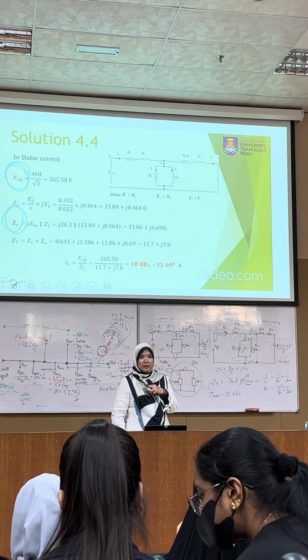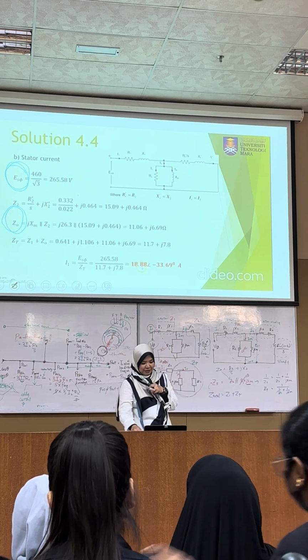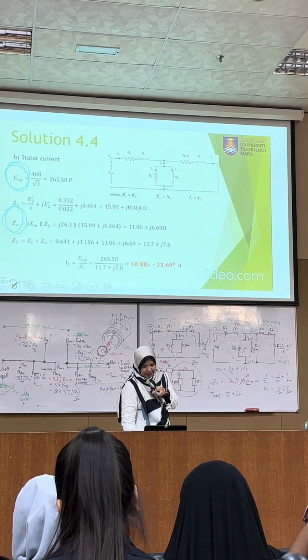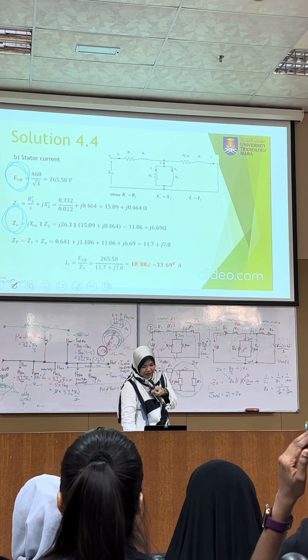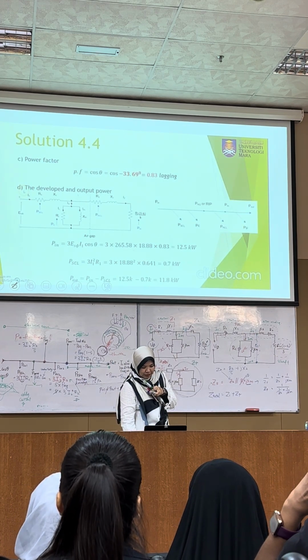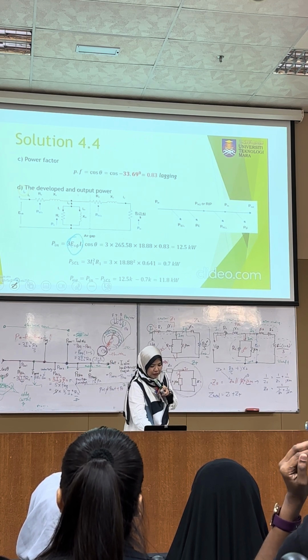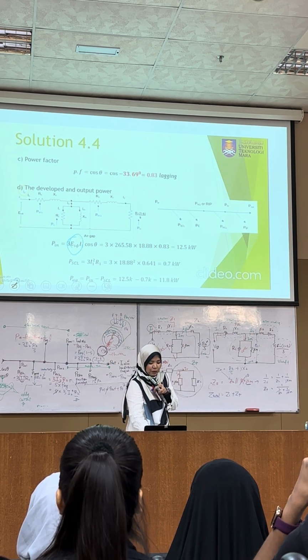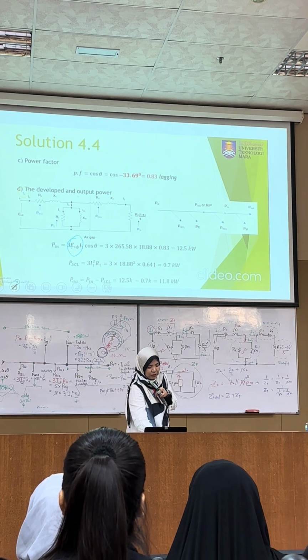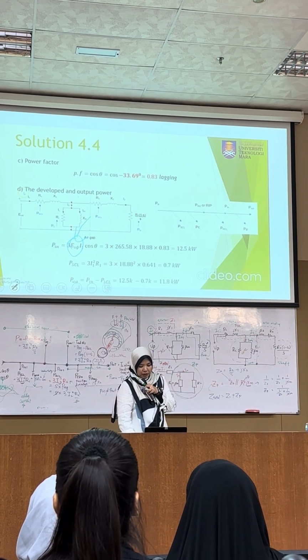Maksudnya Z naught dengan ZF tu sama? Sama adik, ya. Same goes to this one. Because it's already in phase, so V phase, I phase cos theta ni. V phase sebenarnya.